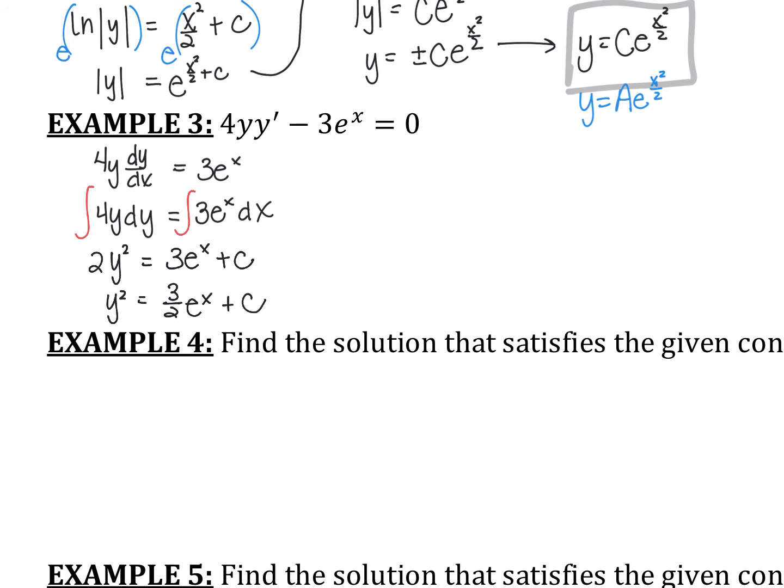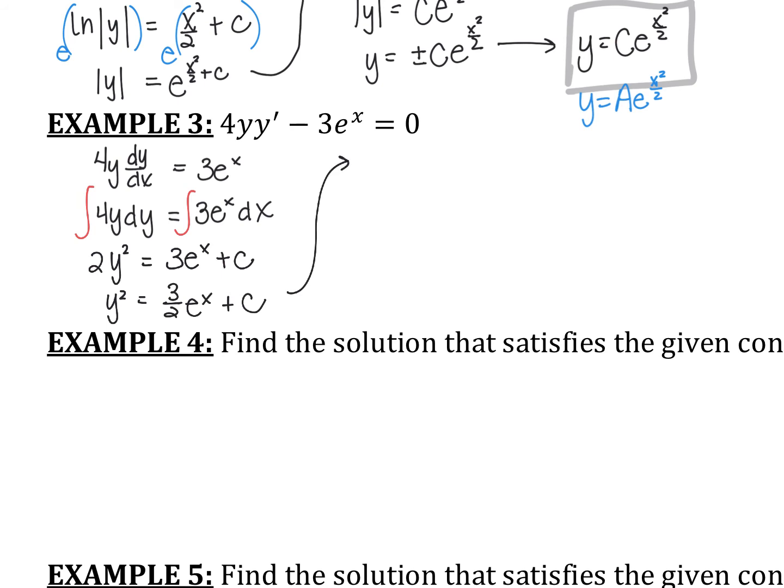Are you okay if I leave this as, when I divide by 2, 3/2 e to the x plus c? Do you think I need to do c divided by 2? No, because c divided by 2, a constant divided by 2, is still a constant. Again, you could label it differently if you wanted.